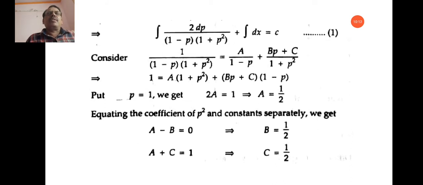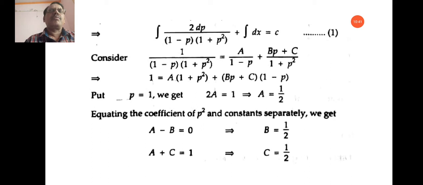So if in the denominator it is a linear term, we take it as A. If it is a quadratic term, it is Bp plus C. So if you put p is equal to 1, the second term becomes 0 because 1 minus 1 is 0. And the remaining is 1 is equal to A into 2. So A is equal to 1 by 2.